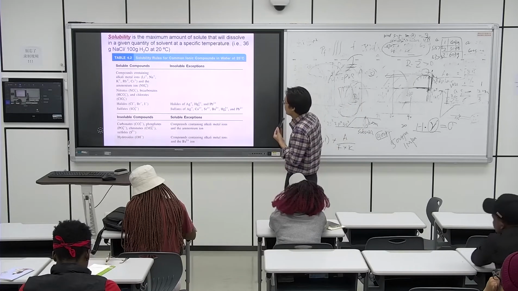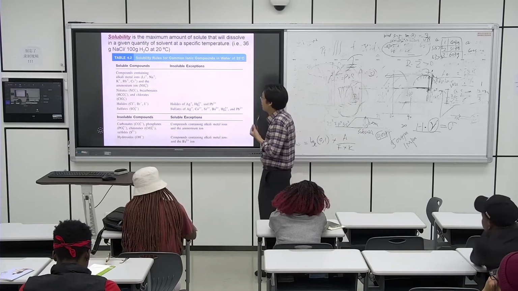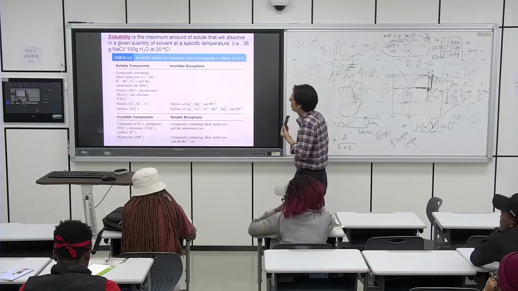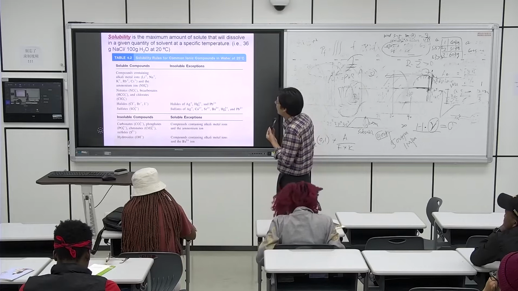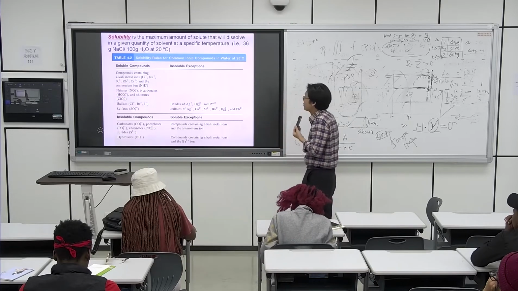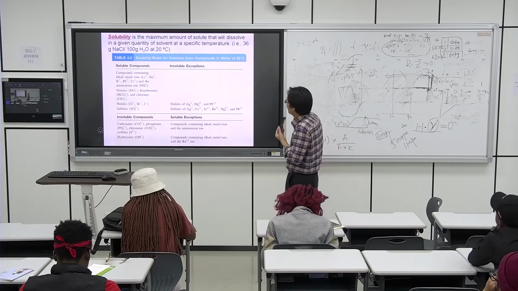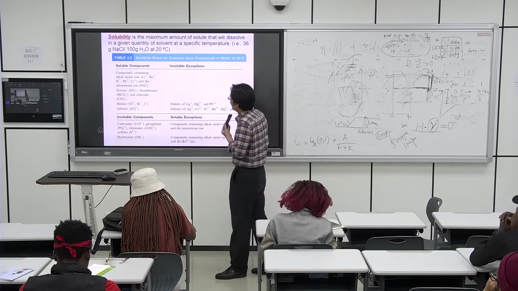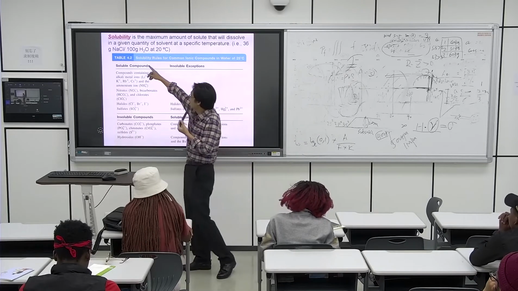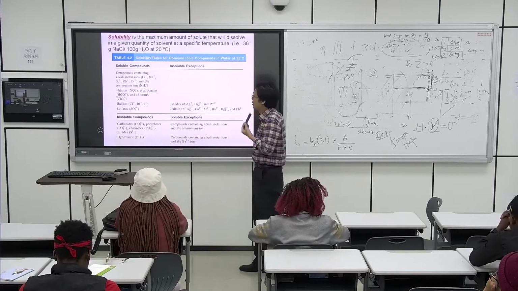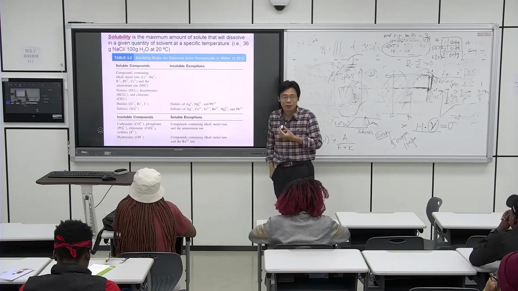Here, solubility is the maximum amount of solute that will dissolve in a given quantity of solvent at a specific temperature. For example, sodium chloride: in 100 grams of water, 36 grams of sodium chloride can dissolve.